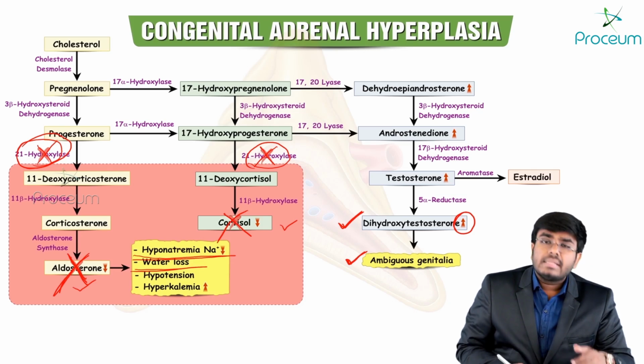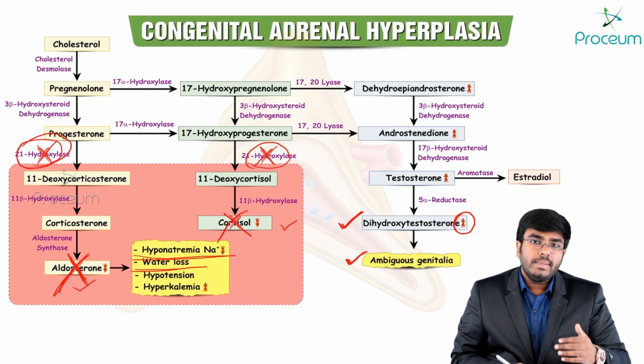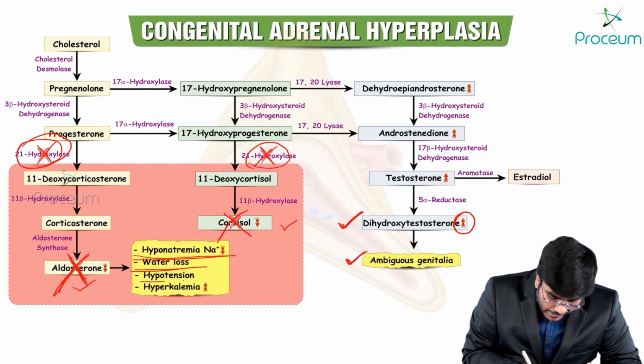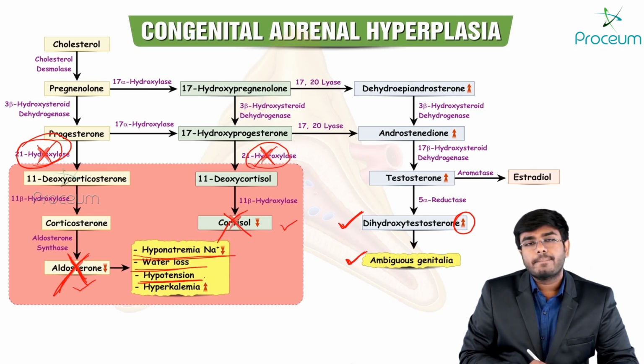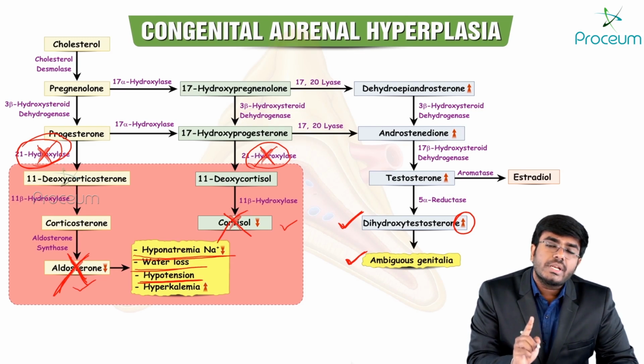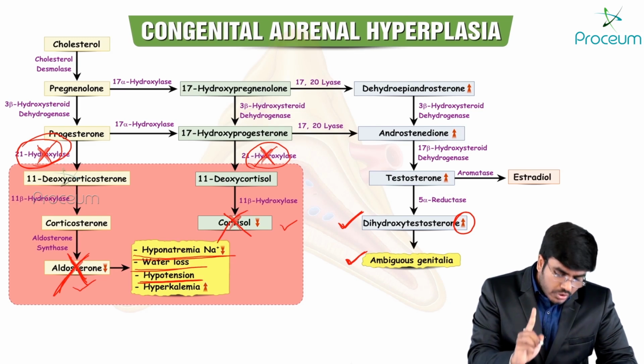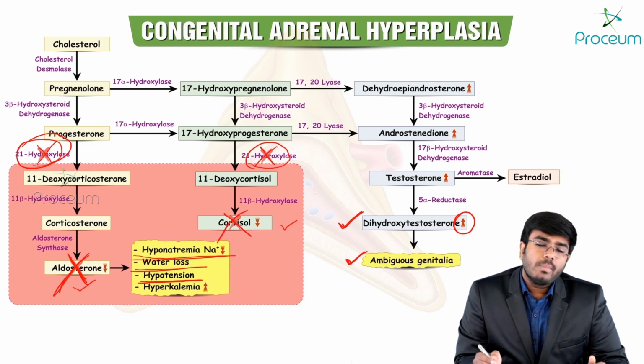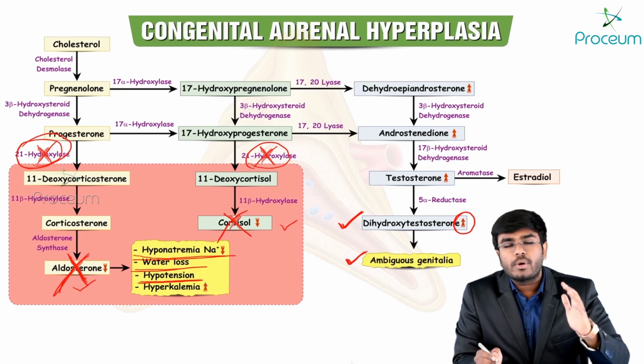Now, whenever water and salt are lost from the body, this baby may have hypotension. And one more function of aldosterone is that aldosterone kicks out the potassium from the body.